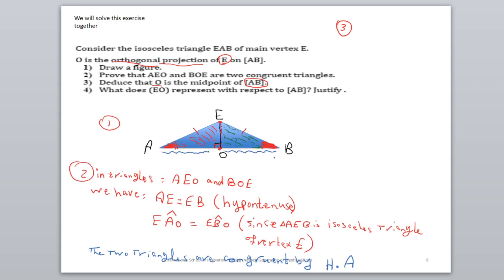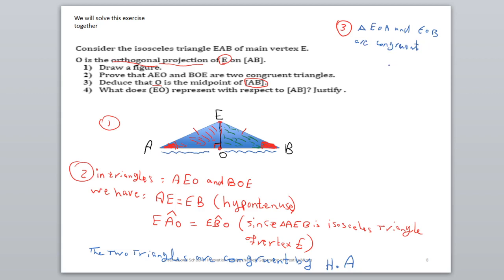So in number 2, I proved that the two triangles AEO and EOB are congruent triangles. So let me start writing. Triangles EOA and EOB are congruent.